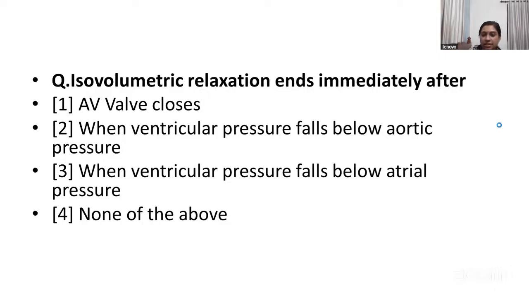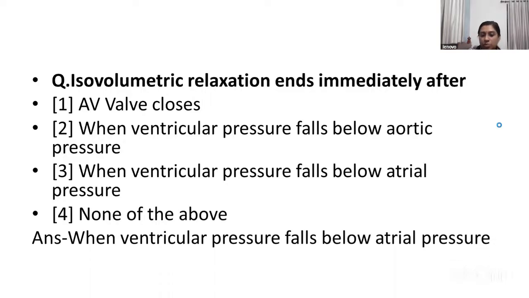Isovolumetric relaxation ends immediately after. The options are AV valve closes, when ventricular pressure falls below the aortic pressure, when ventricular pressure falls below the atrial pressure, none of the above. The answer is when ventricular pressure falls below the atrial pressure, what happens is that the ventricle is pumping the blood towards the aorta and pulmonary artery.